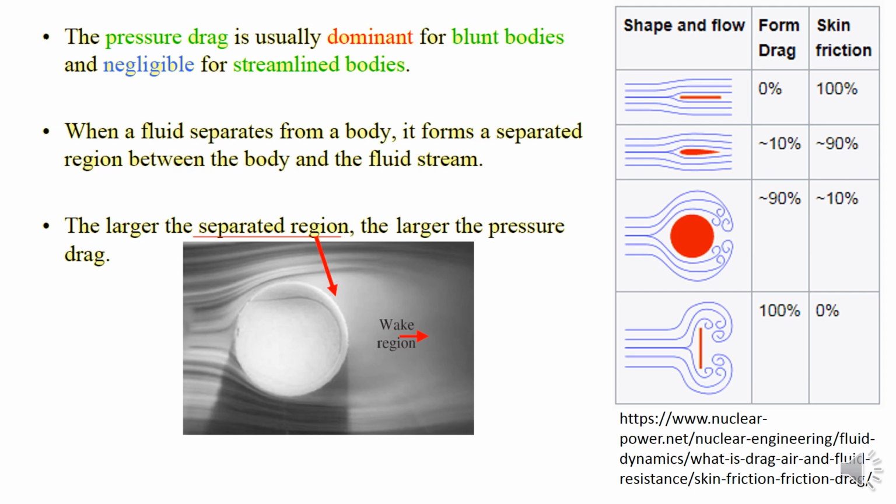The cylinder is red in color. For figure number 3 and number 4, the drag force is larger as compared to the skin friction force. This is what it means by the pressure drag being usually dominant for blunt body and negligible for streamlined body.